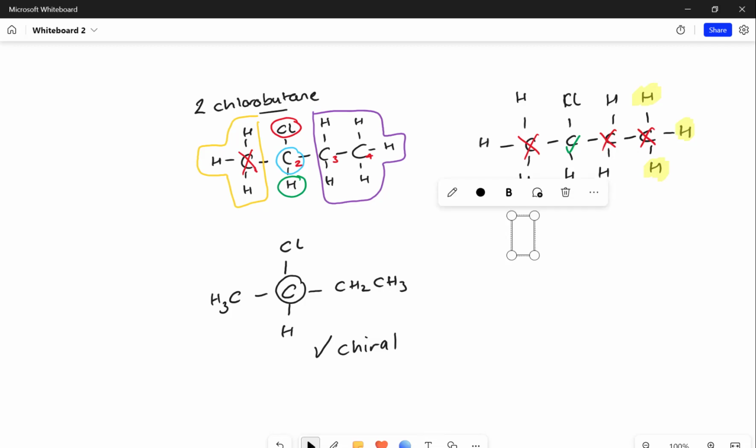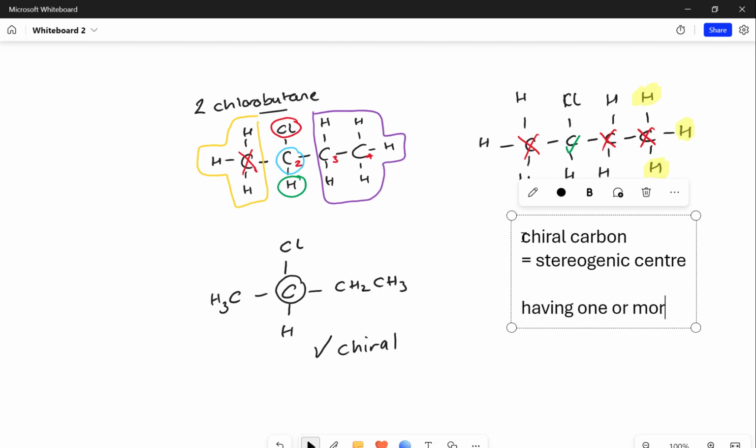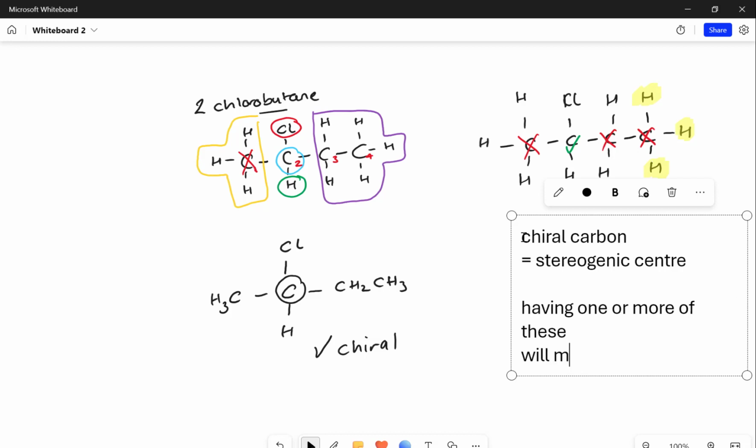So you can have a chiral carbon, which is the same thing as a stereogenic center. And having one or more of these will make the overall molecule chiral. Okay, so just keep that in mind. We can have one or more of those.